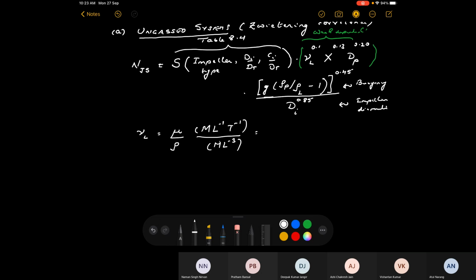So you can see that M and M cancel out, and you end up with L squared T minus 1. In other words, meter squared per second, which is the same as the dimensions of diffusivity. So this is known as kinematic viscosity, but it is also known as momentum diffusivity.